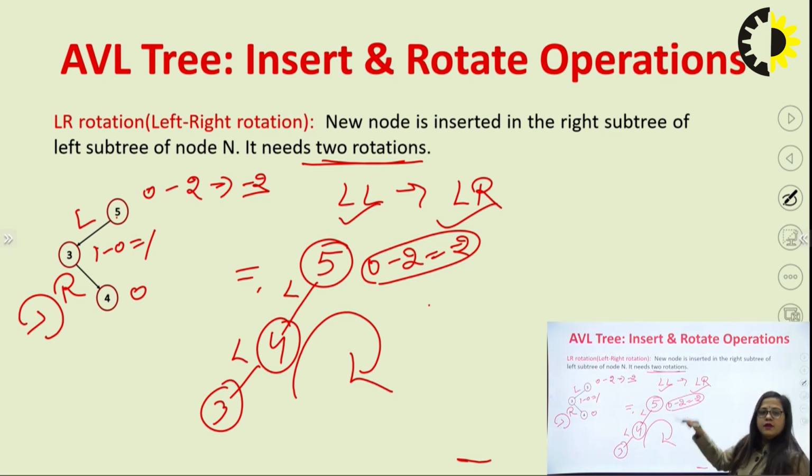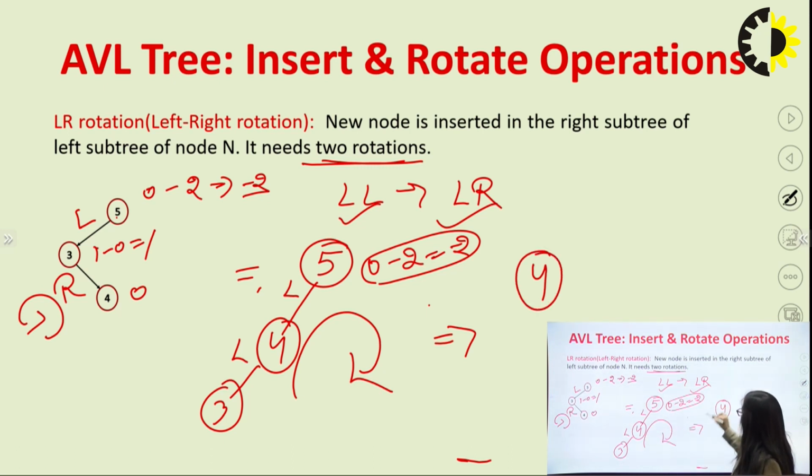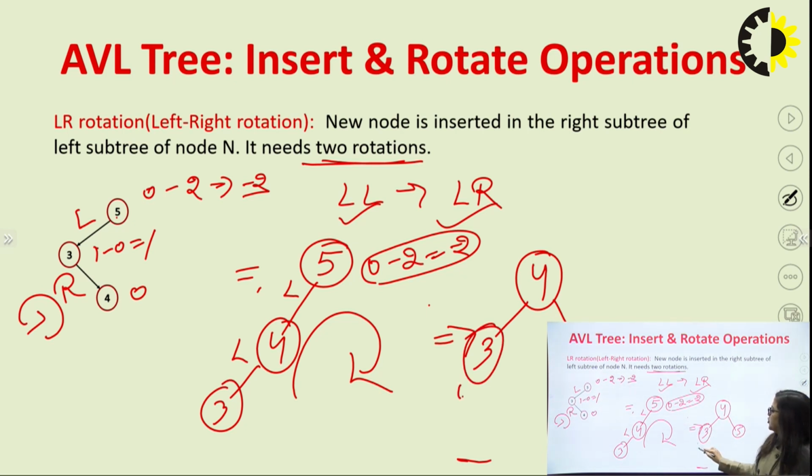Here we again need an LL rotation, like this form. 4 moves up, 5 comes to the right direction and 3 comes to the left direction. Now check: the balance factor is 0, again 0, and 1 minus 1 is again 0. So now it is a balanced BST.